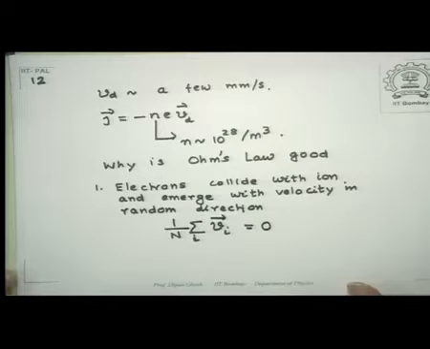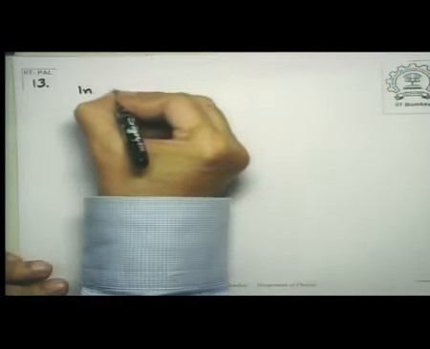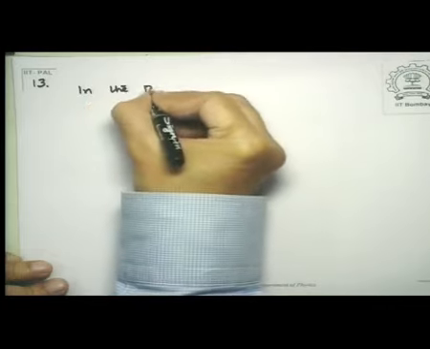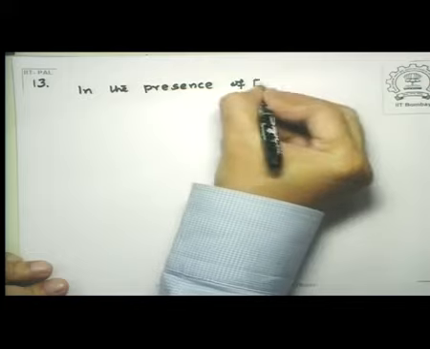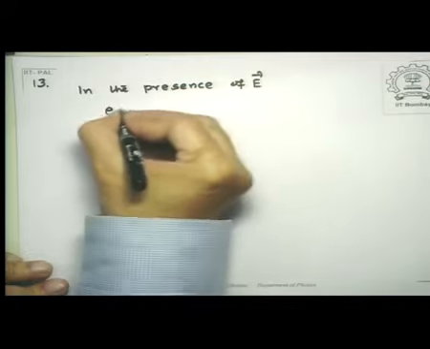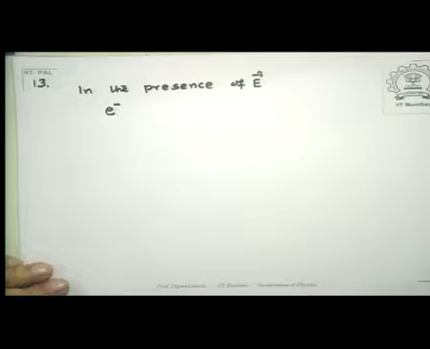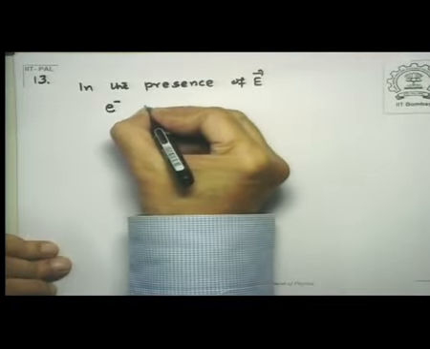So, let us look at what happens if I now put in an electric field in it. We said in the presence of an electric field, the electrons would get accelerated. So, the way the thing works is this. In the presence of electric field, electrons, which I will write for shorthand by E minus, get accelerated.